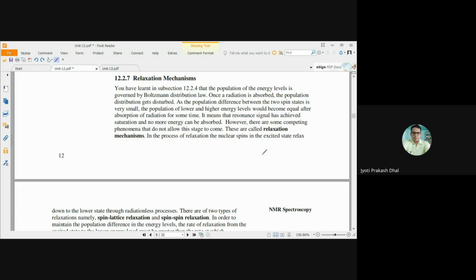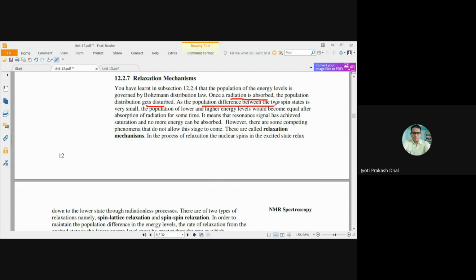Just two fewer protons will be present in the higher energy state than in the lower energy state. But when the sample is exposed to the radio frequency region and radiation is absorbed, the population gets disturbed.